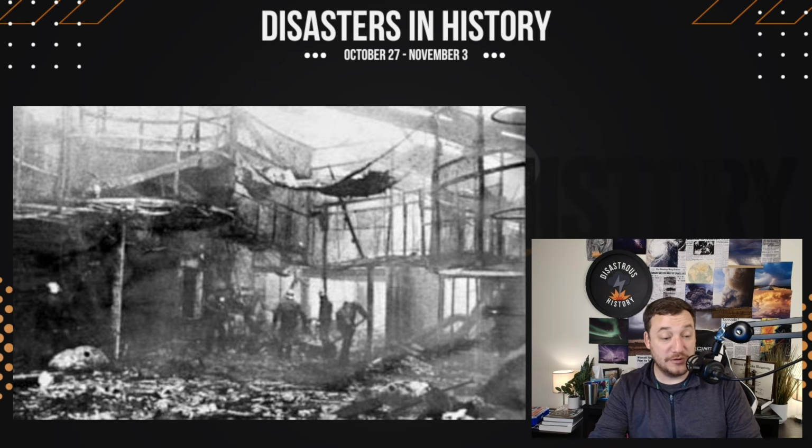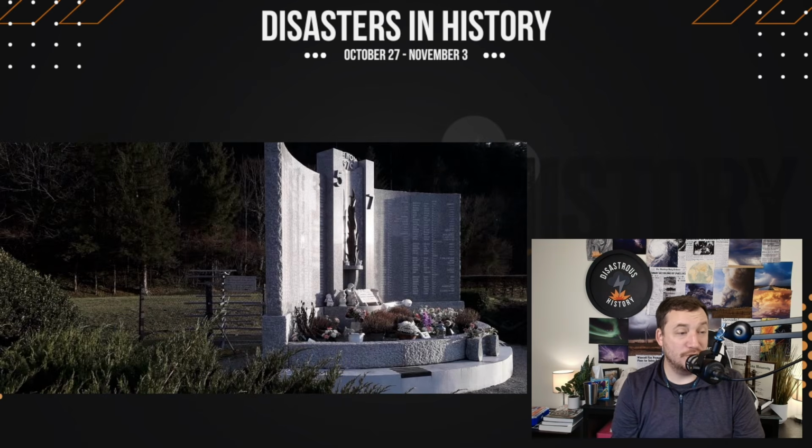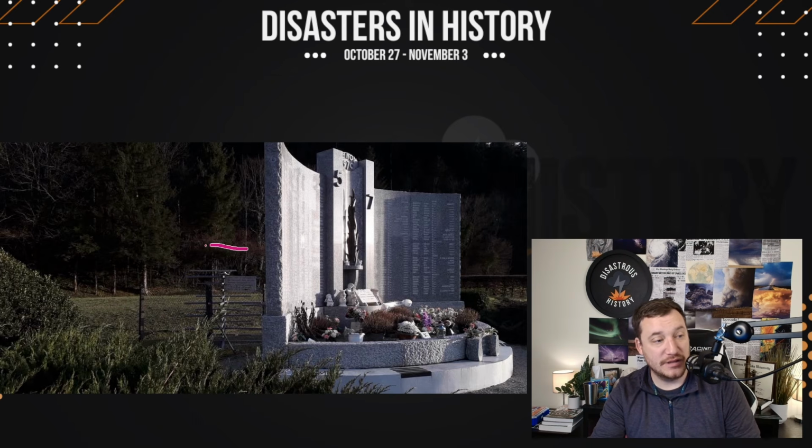Now, this particular fire has one of the most poignant memorials I have ever seen. In the location of where the building was, there is this granite memorial that has the names of all of the deaths inside the building. But on the back side, if you look just behind it, you see this right here.